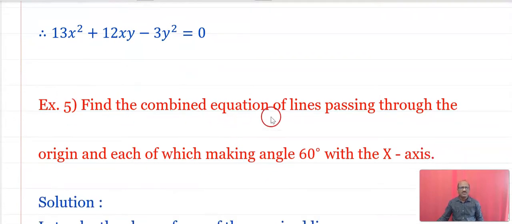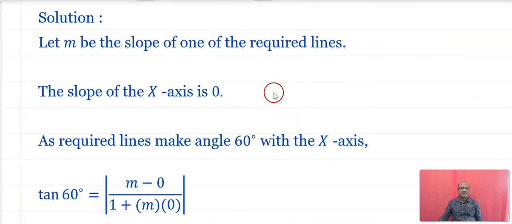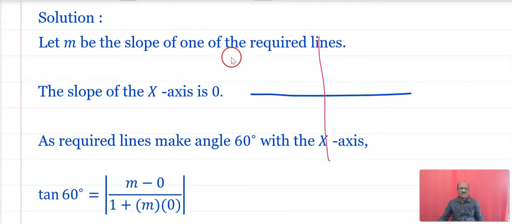Find the combined equation of the lines passing through the origin and each of which makes an angle of 60 degree with the x-axis. Means what? This is the picture of these lines. If we draw the x-axis and the y-axis, see this here. This is the x-axis, x and y.